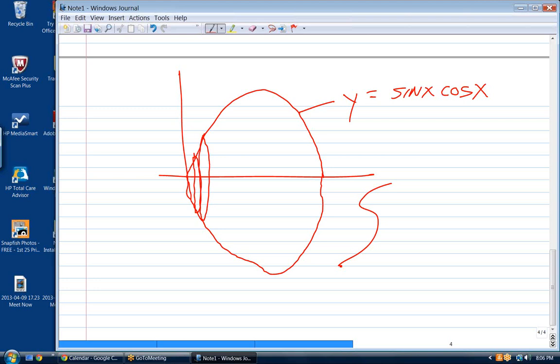Where else? What is this point right here? This point here is 0, but this point here clearly is not 0. What is it? Is that 1? No. Where is the sine times the cosine equal to 0 again?